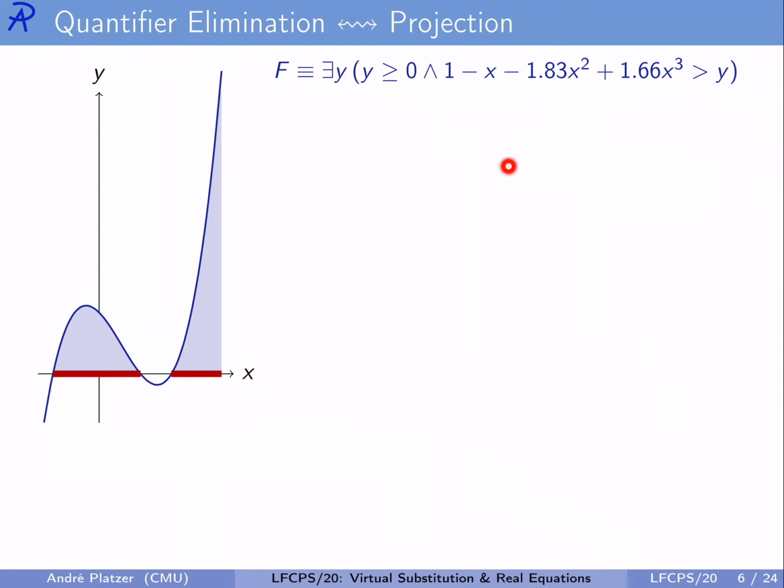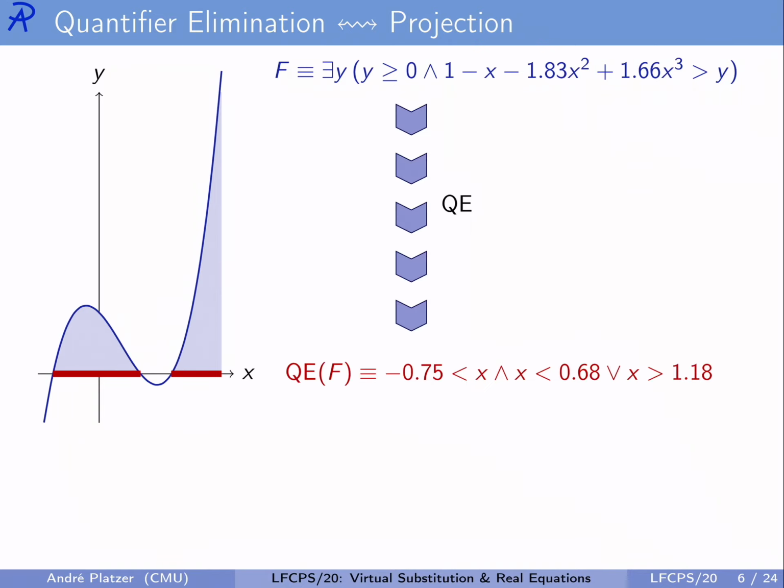Pay attention to the openness at the boundaries and so on, and that means by quantifier elimination we will be able to reduce the question whether such a y exists to: it exists if and only if x is between roughly minus 0.75 and 0.68, which is describing this open interval, and it's also true if x is just big enough, if it's bigger than roughly 1.18.